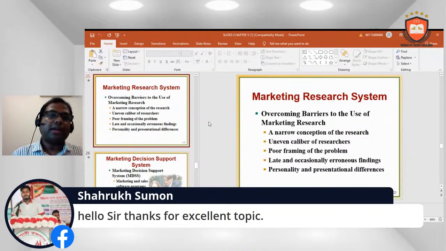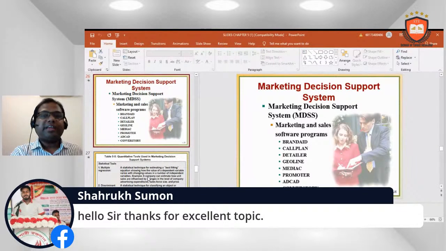So marketing research system: we can overcome barriers to the use of marketing research, such as a narrow conception of the research, uneven caliber of research, poor framing of the problems, late and occasionally erroneous findings, personality and presentational differences. Besides that, in the marketing decision support, we have MDSS, marketing and sales software programs: Brandaid, Calplan, Detailer, Geoline, Mediac, Promoter, Adcad, Contender.